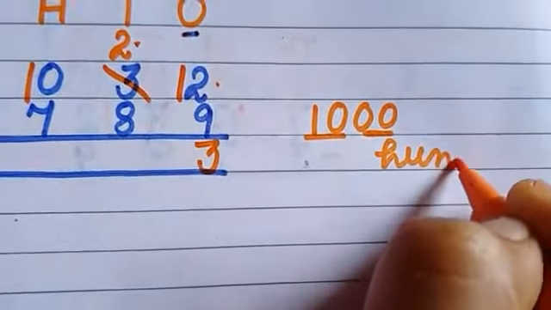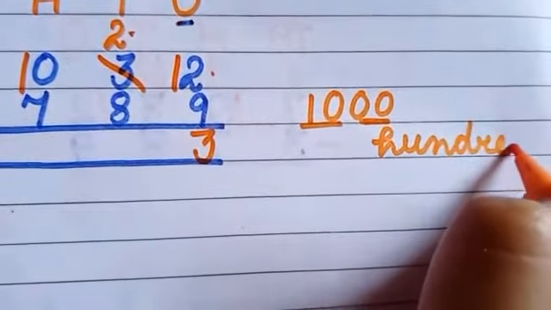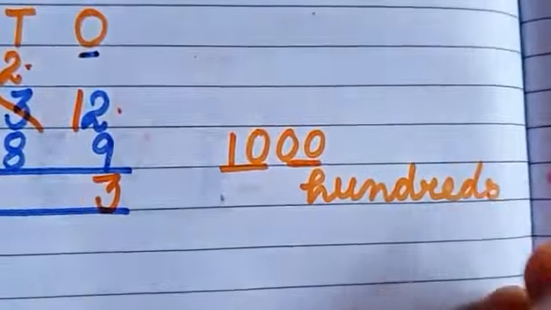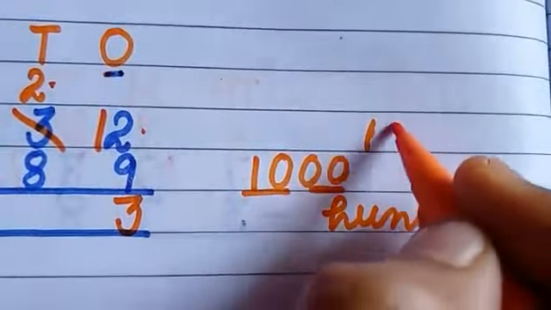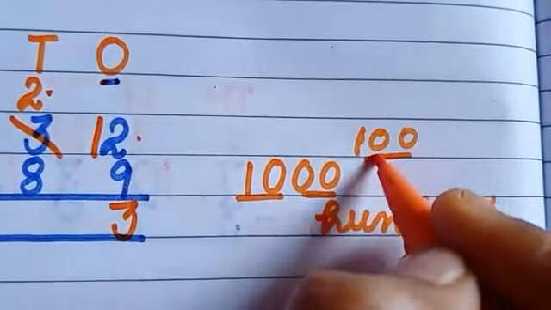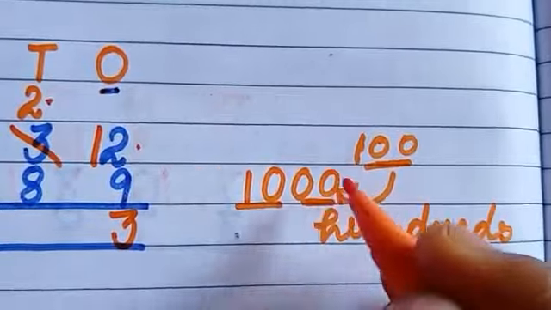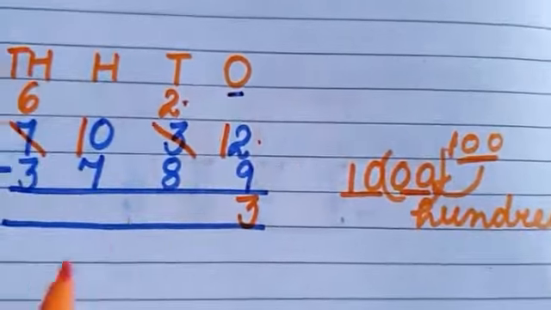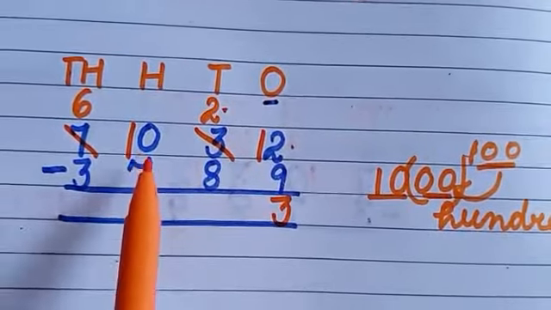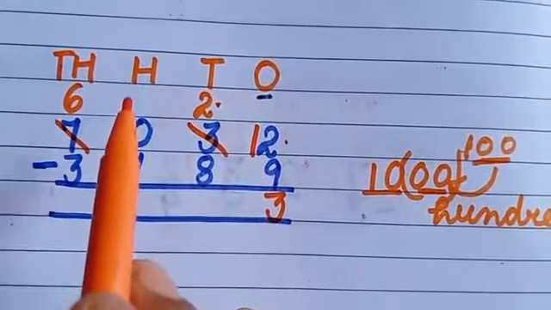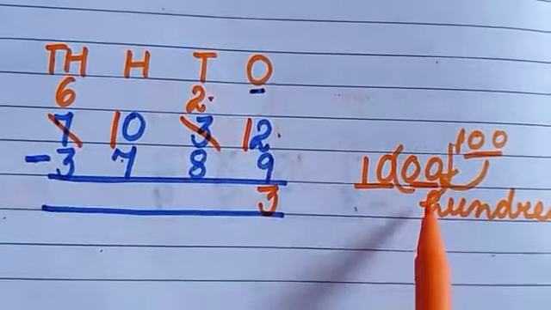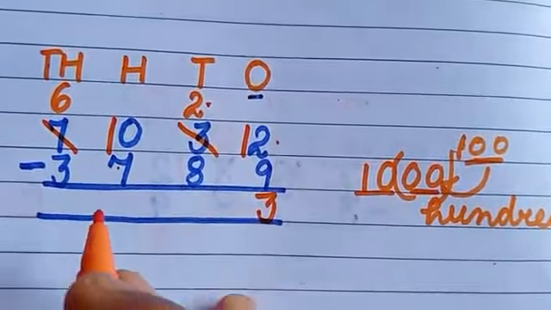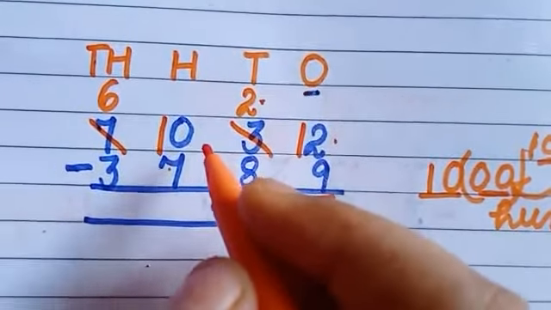You can see, 1000 is also 10 hundreds. So I have 10 in the hundreds column, because this means 10 hundreds.